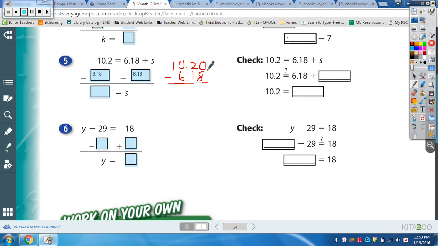Now, we cannot take 8 from 0, so we must borrow, make this a 1. And then we have 10 minus 8 is 2. We have 1 minus 1 is 0. We've lined our decimal places up, so we bring them straight down. And 10 minus 6 is 4.